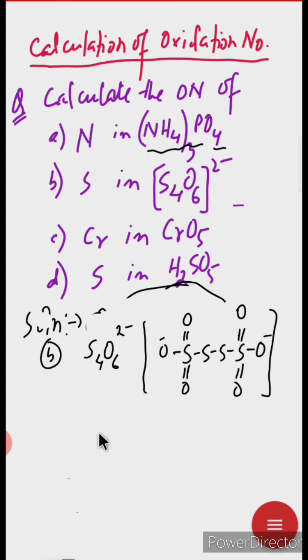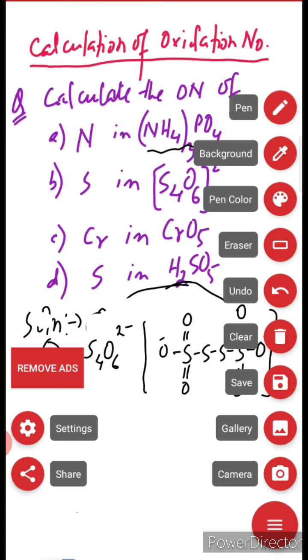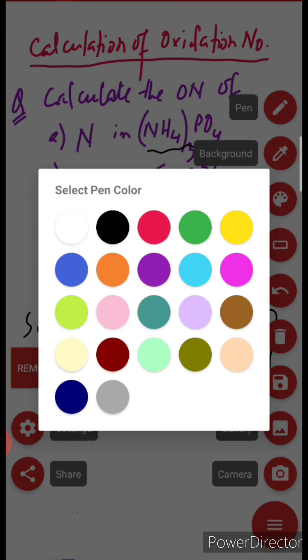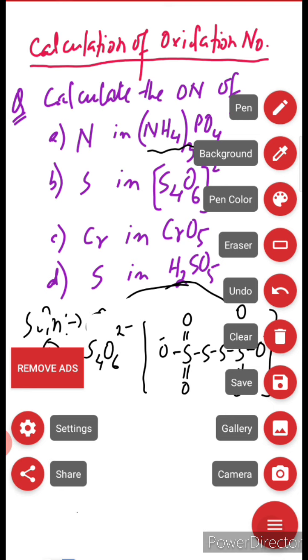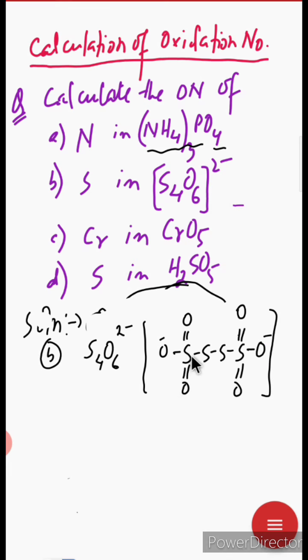Now let me change the color of the pen. See, how many valence electrons does sulfur have? 6. This is 1 valence electron, 2, 3, 4, 5, 6.